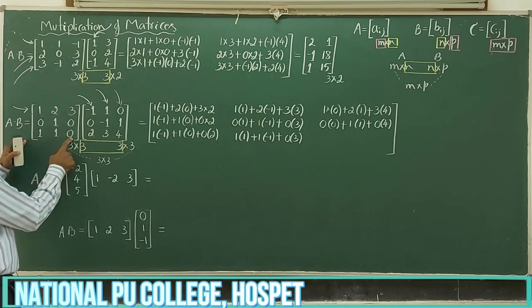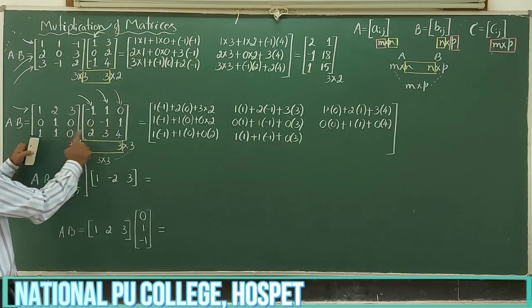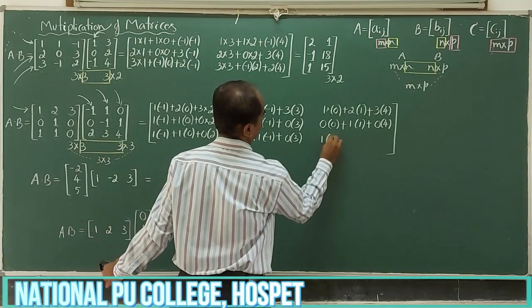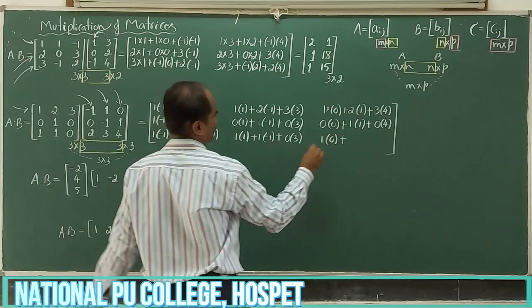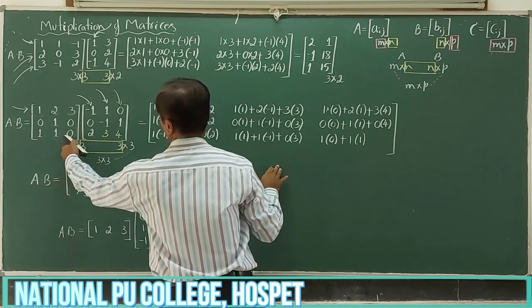Next, third row, third column: 1 into 0 plus 1 into 1 plus 0 into 4.